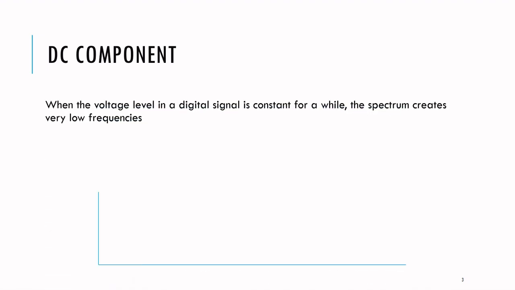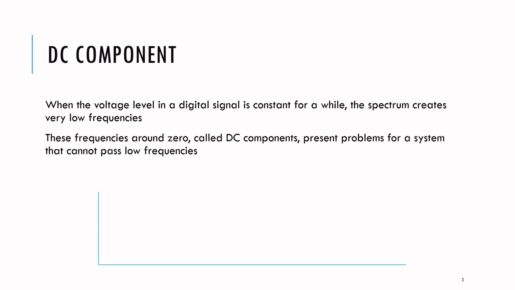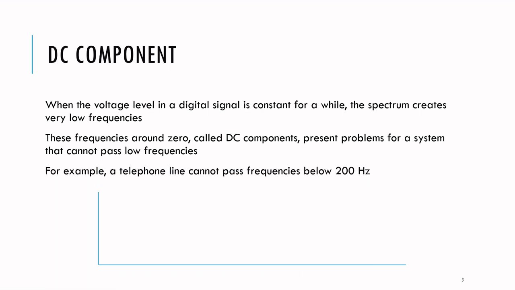Now, when the voltage level in a digital signal is constant for a while, the spectrum creates very low frequencies. These frequencies around 0 are called DC components or direct current components, and they present problems for a system that cannot pass low frequencies. For example, a telephone line cannot pass frequencies below 200 Hz.